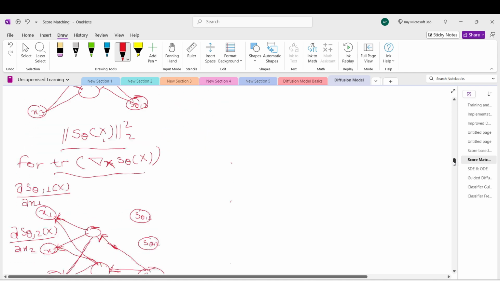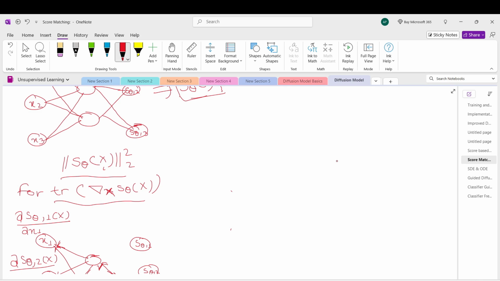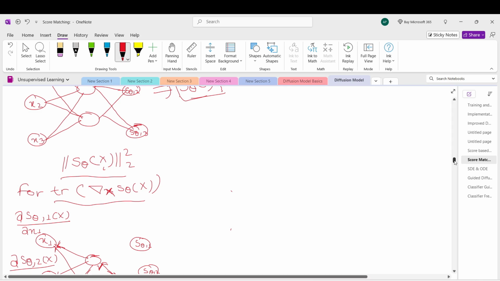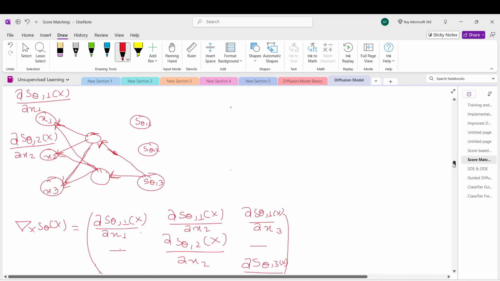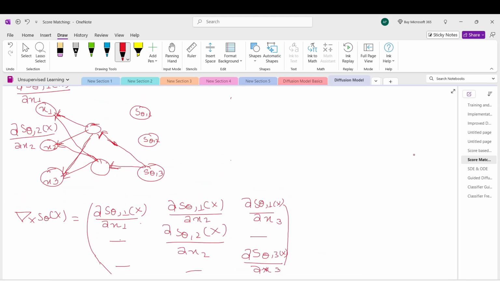So let me show you how you can compute this trace of the Jacobian. This quantity is your score function, and if you take the gradient again, it becomes the Jacobian. The Jacobian is actually a matrix, isn't it?